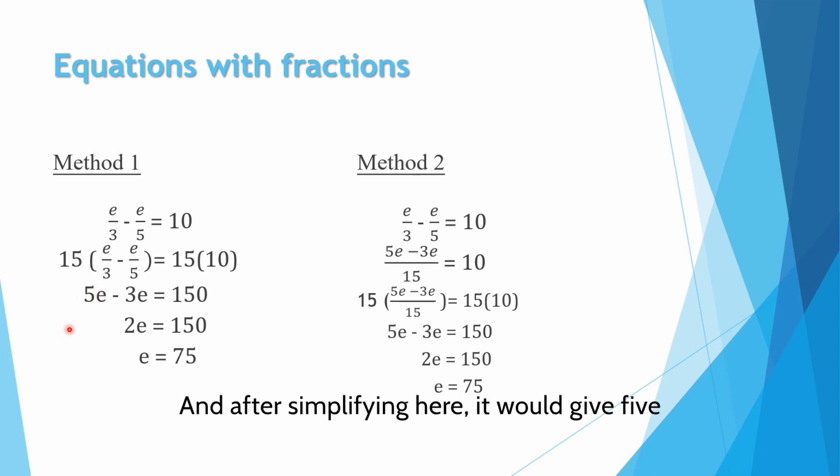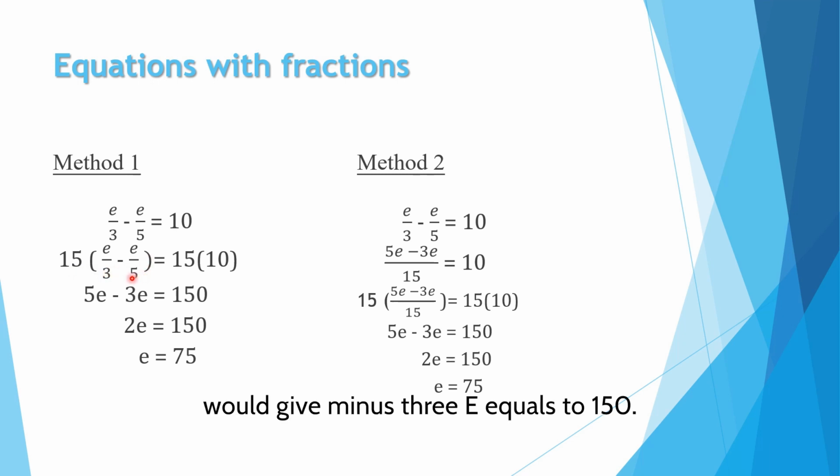And after simplifying, here it would give 5e, and 15 times minus e over 5 would give minus 3e, equals 150. And finally, after simplifying, it would give e equals 75.